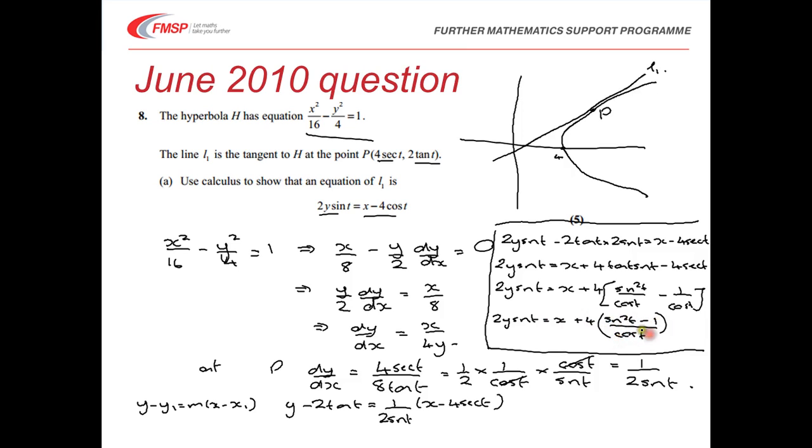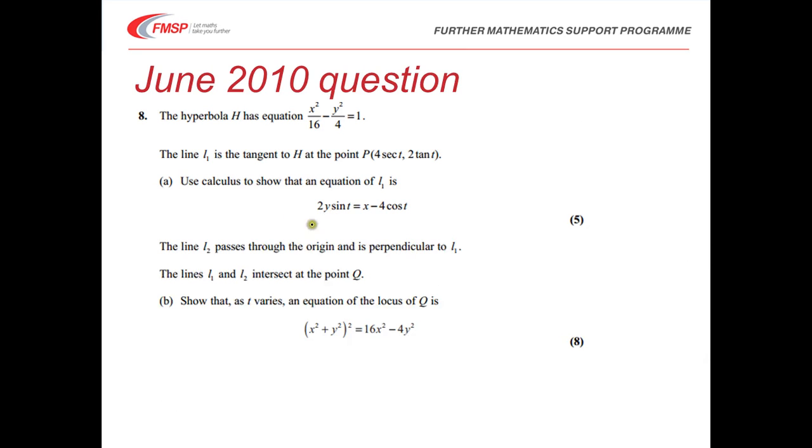Now sine squared t minus 1 is minus cos squared, so imagine that the numerator is minus cos squared, and you'll see that we get x minus 4 cos t, which is what we need. Okay, so we've now got an equation for L1, and we'll move on to the next part of the question.